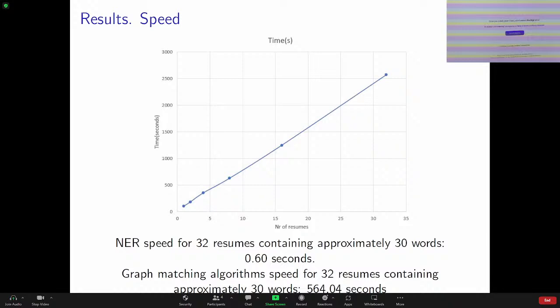But the whole application completed in more than 2,500 seconds, which shows us that those intermediate tools that we use to transform our natural language to different representations take a lot of time. So that's why my colleague pointed out that in further work we should take care of those transformations. And also, the graph matching algorithm would be improved.